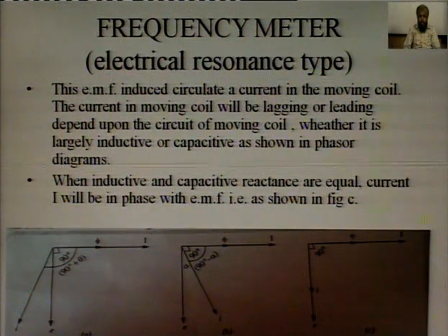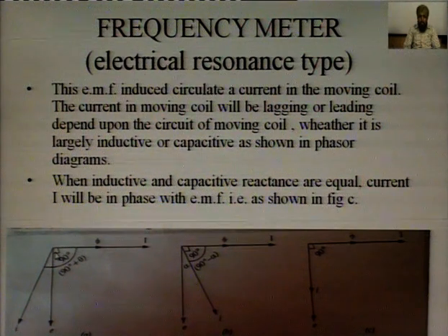The current in the moving coil will be lagging or leading depending upon the circuit of the moving coil. If the circuit is inductive, the current will lag, and if the circuit is capacitive, the current will lead. When inductive and capacitive reactance are equal, the current I will be in phase with the EMF.